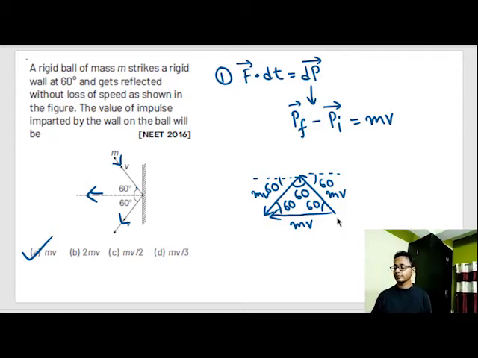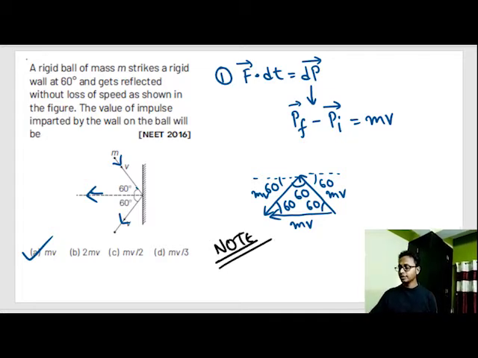Make a note. You all already know this, but still make it. A triangle where all the angles are 60 degrees is called an equilateral triangle.